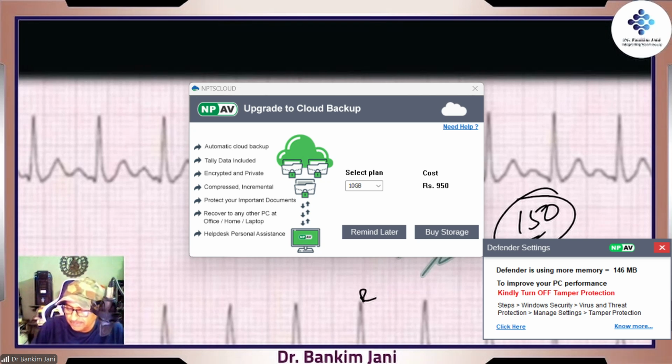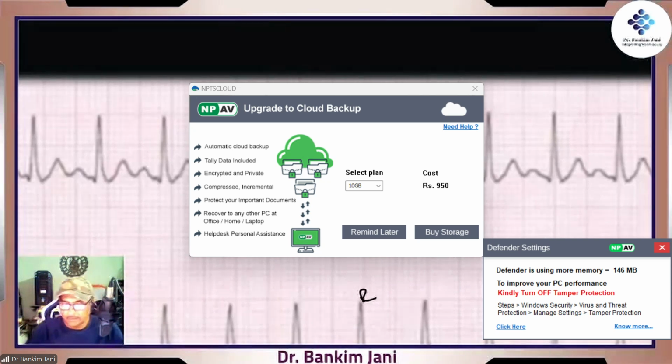I'll just remove this. How much is the QT interval? The beginning of the QRS complex to the end of the T wave. Beginning of the QRS complex and the end of the T wave.